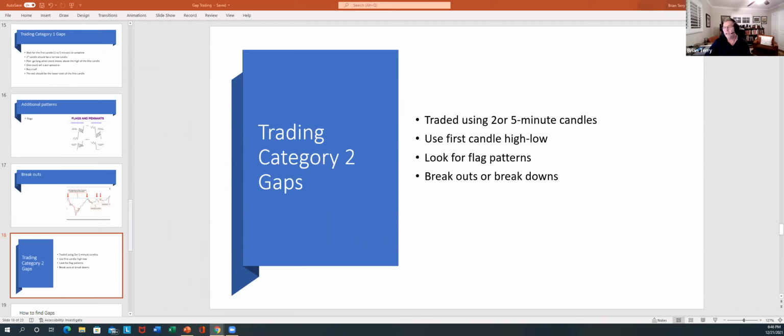If you wait that 5 or 10 minutes and it breaks through the high of the candle, we would go long. If it breaks through the bottom, we would go short. Kevin, that's a strategy we do in the chat room all the time. It's either a gap and go, or fade the gap. So it's a very common trade.